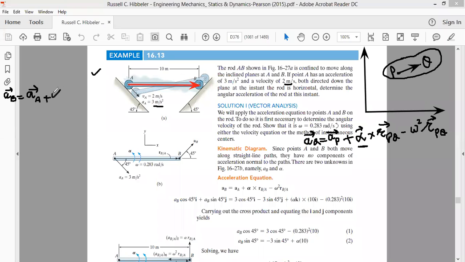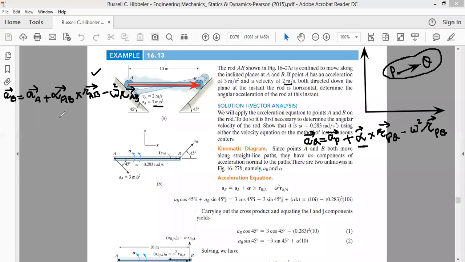So this is alpha_AB vector, cross its cross product with R_AB vector, minus omega square, where omega is the angular velocity of AB, so omega square R_AB vector. This is the formula that we derived yesterday.